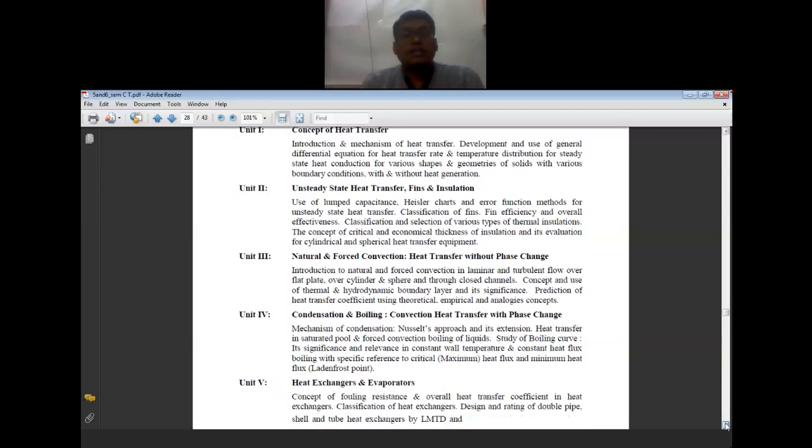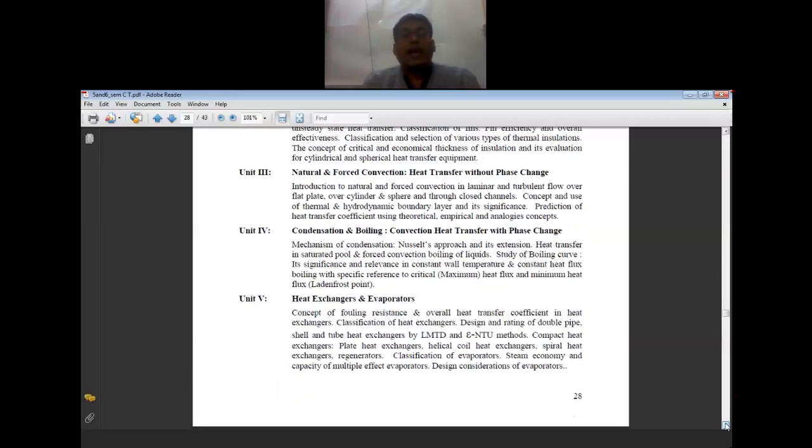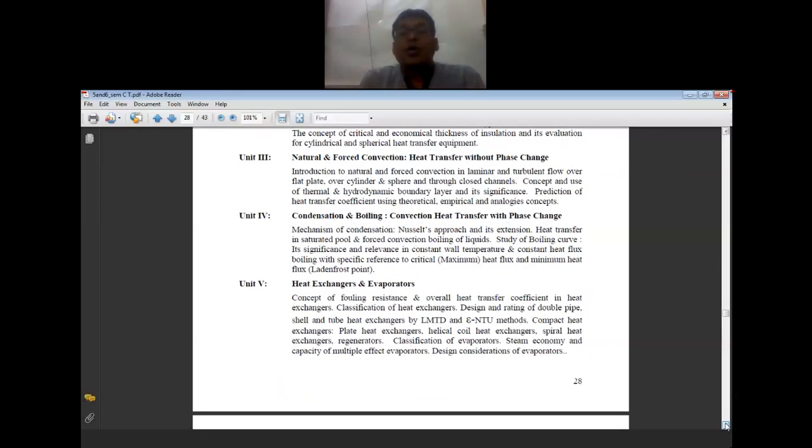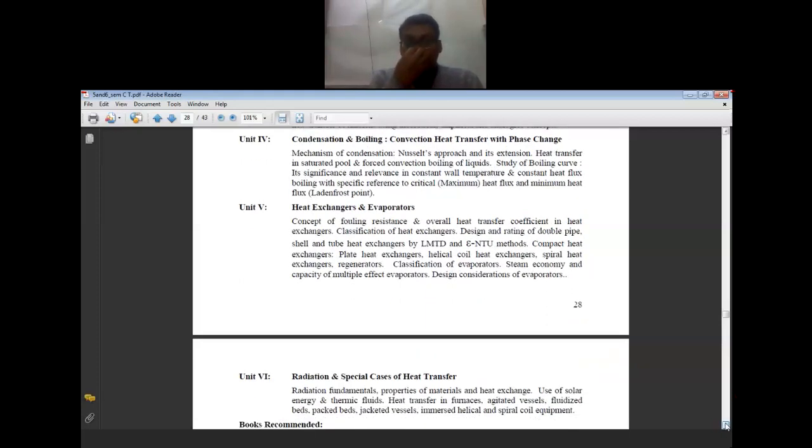Then the next unit is related to the natural and forced convection, heat transfer without phase change. With phase change, fourth unit. Here, condensation and boiling are the two phenomena taking place, where the phase change is taking place. What does condensation incorporate? The vapors are going to give you the liquid.